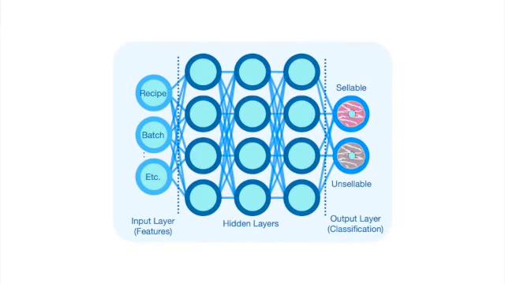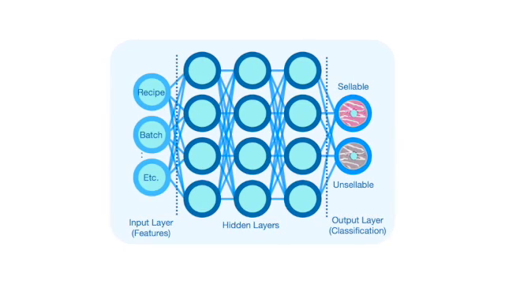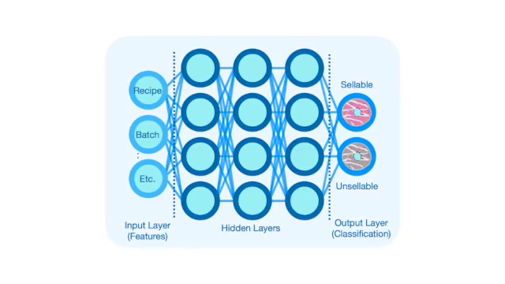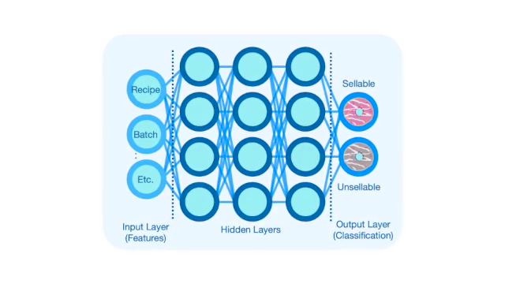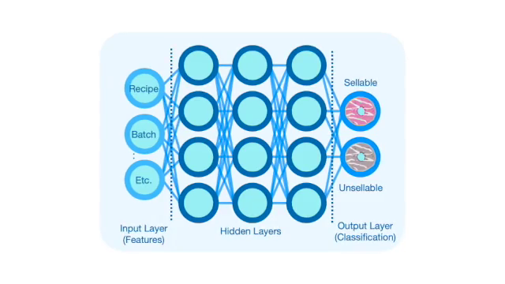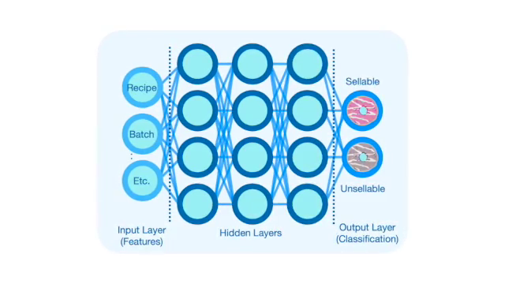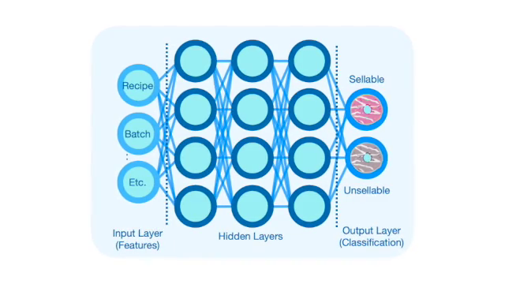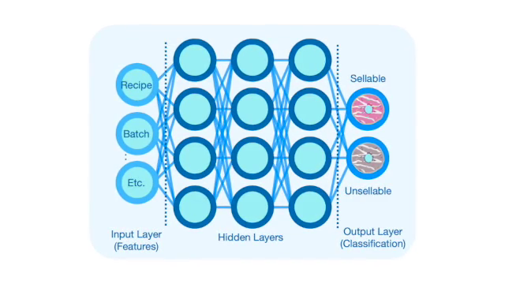The input layer of our network will include all of the features, recipe, batch number, etc., of each data point, that is, donut at time t, while the output layer will have two nodes, sellable and not sellable. The network will calculate a probability for each based on the trained model and assign a classification to the data point.